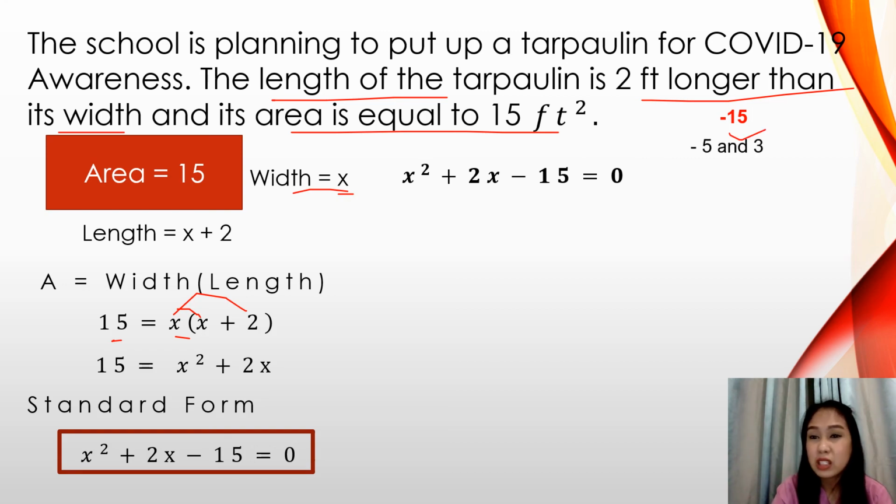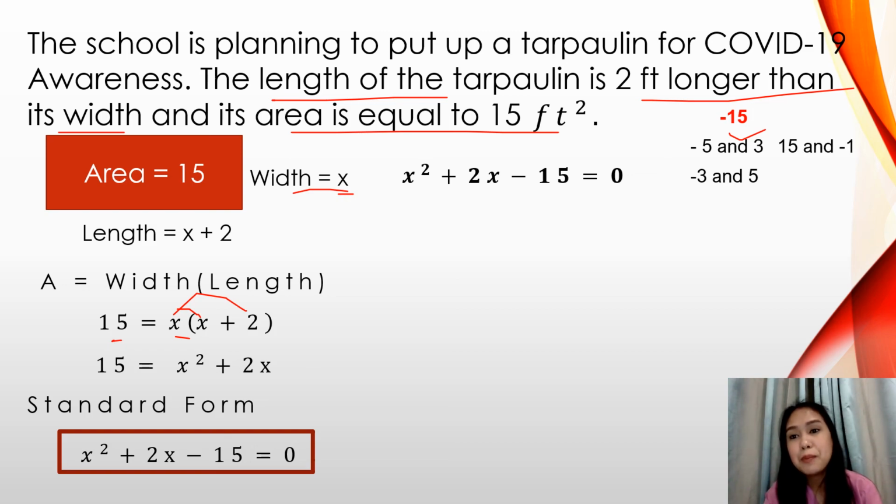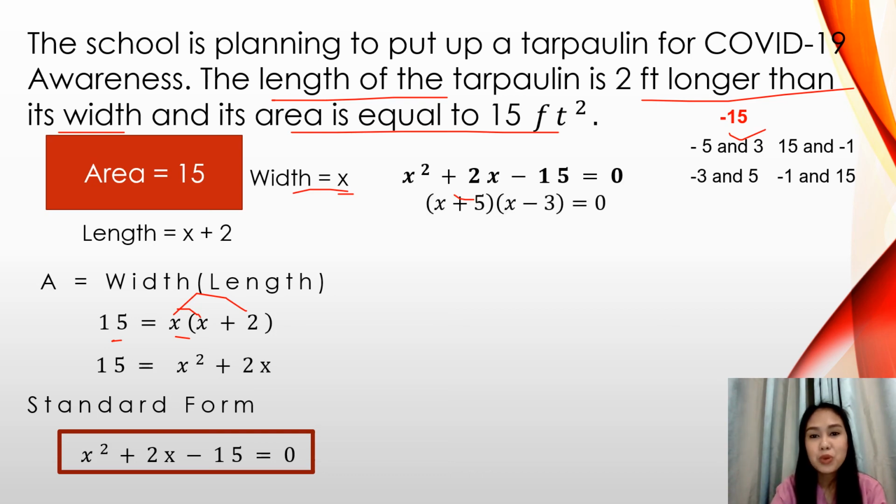That would be negative 5 and 3, or negative 3 and 5, 15 and negative 1, and 1 and negative 15. Now, which of these factors will give us the middle term, which is positive 2? So that would be 5 and negative 3, because if you add these, it will give you positive 2.